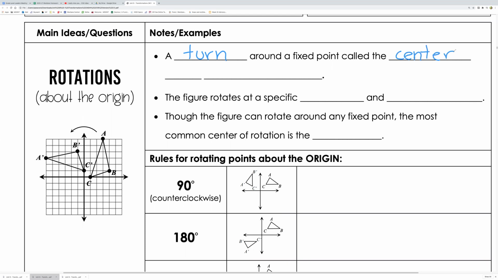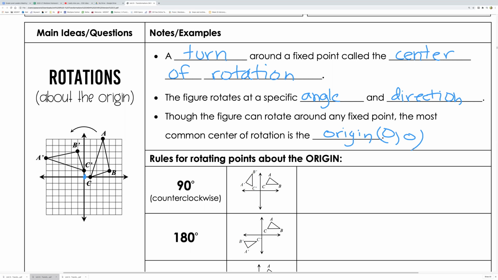This is usually the origin. The figure rotates at a specific angle and direction. Though the figure can rotate around any fixed point, the most common center of rotation is the origin. In case you don't know what the origin is, it's 0, 0 right there.